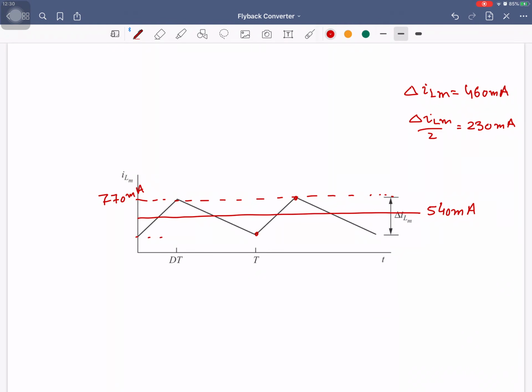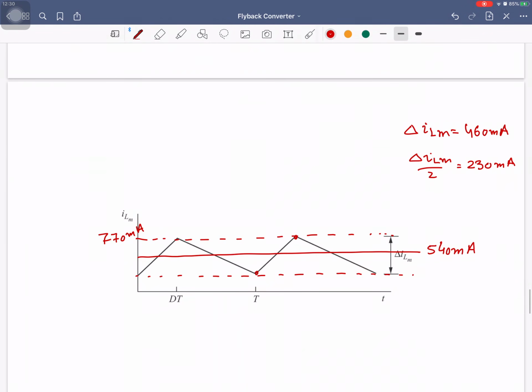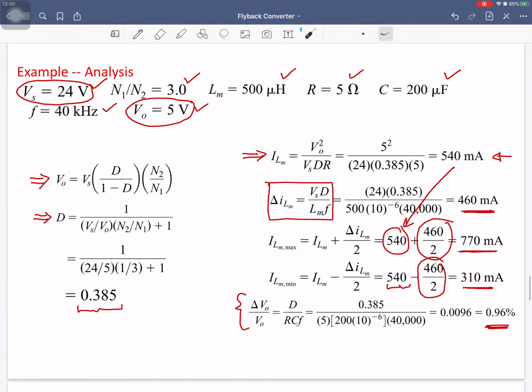And the minimum value of the ILM will be 540 minus 230, so that will be 310 milliampere. So your magnetization current will be varying from 310 milliampere to 770 and then back. So it is the continuous conduction mode because your ILM is not going to 0. Okay.